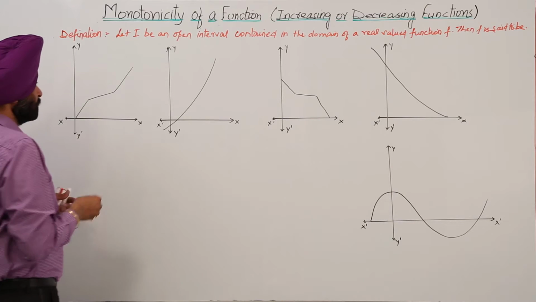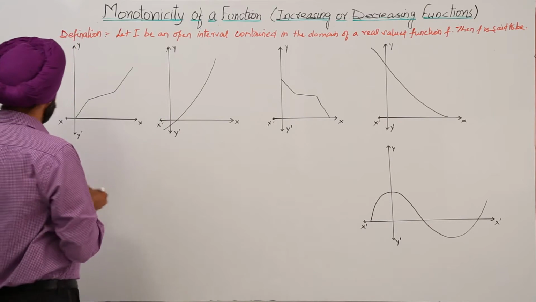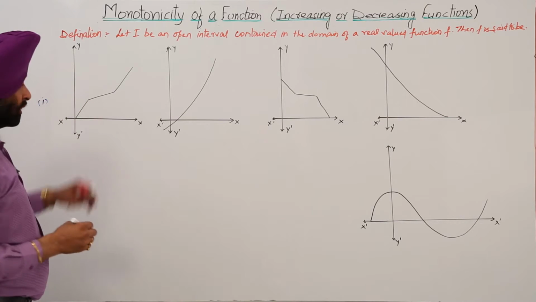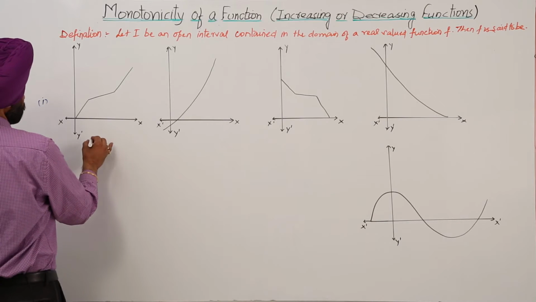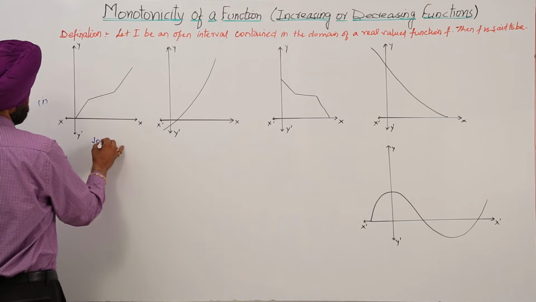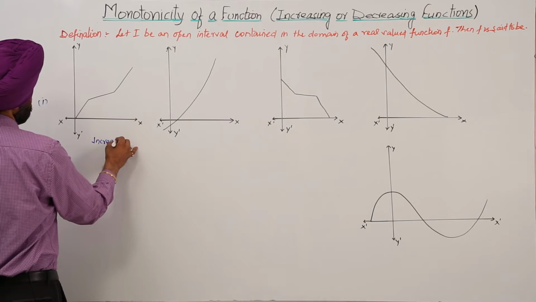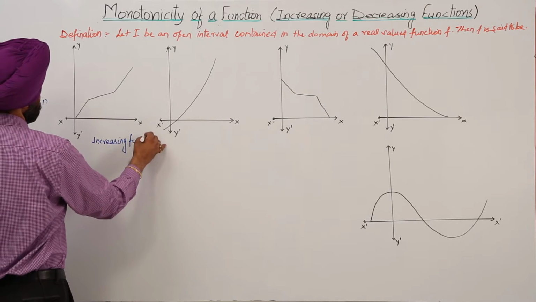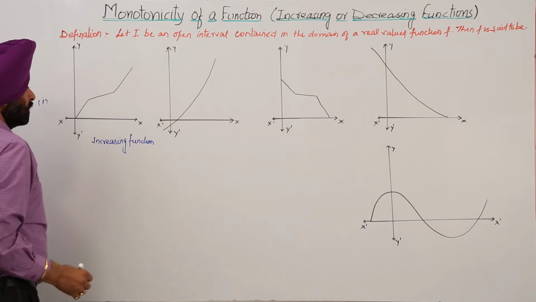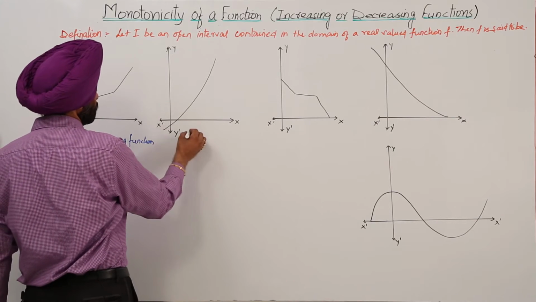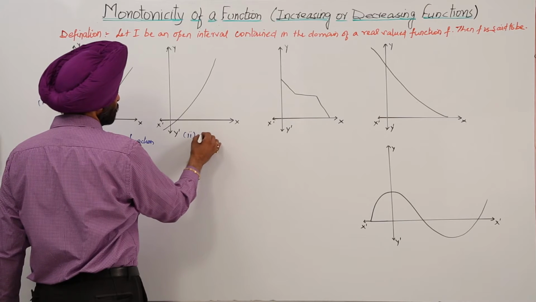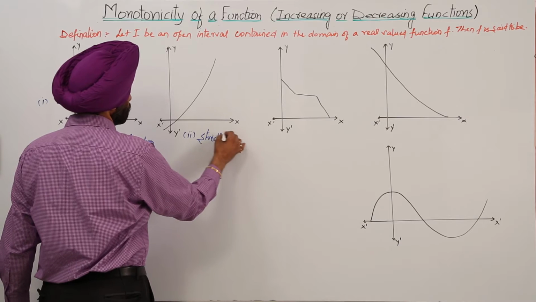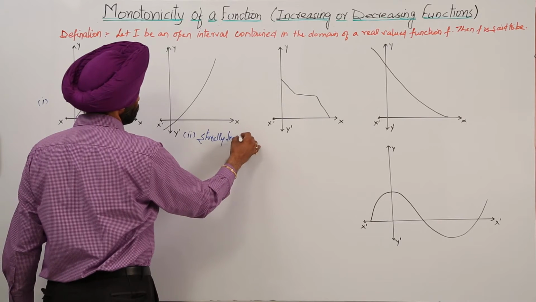Now number 1, let this be number 1. I have made a graph here. Now this is called increasing function. F is called increasing function. Number 2 is called strictly increasing function.